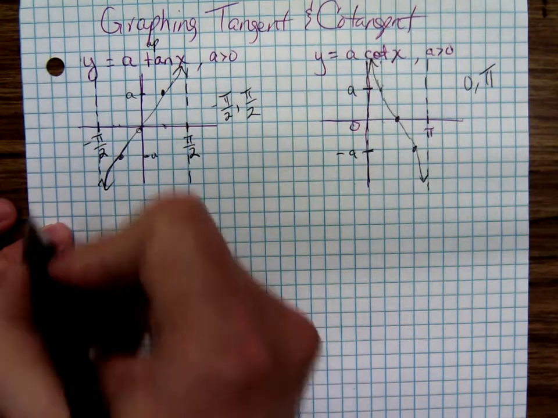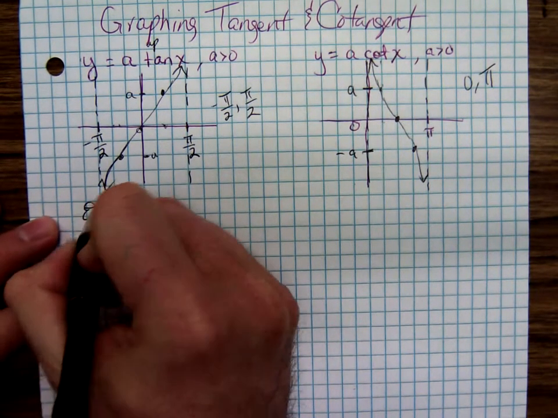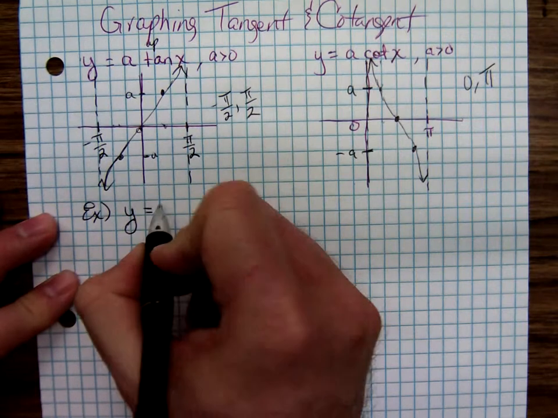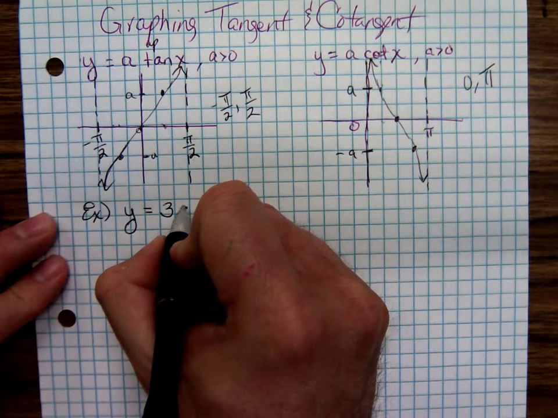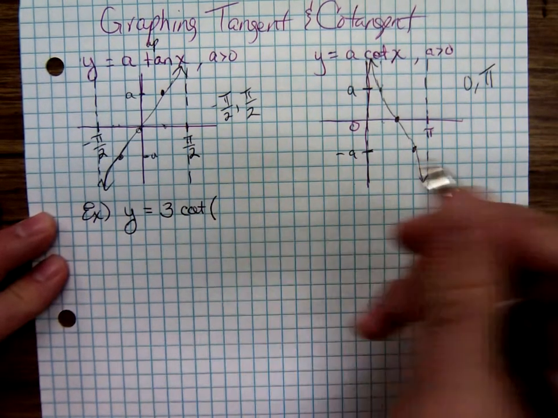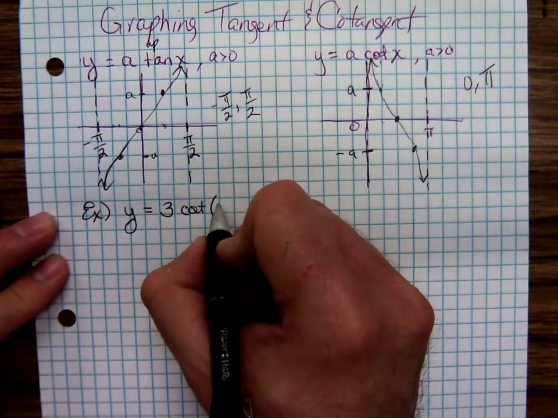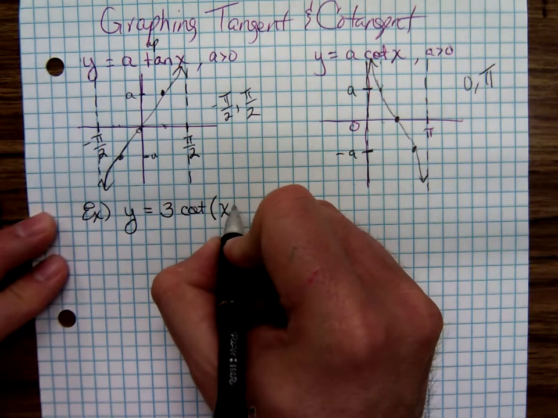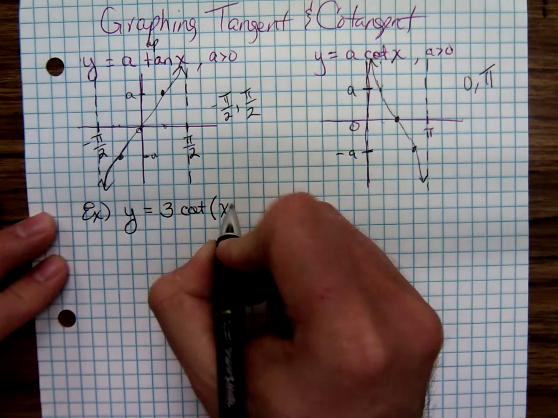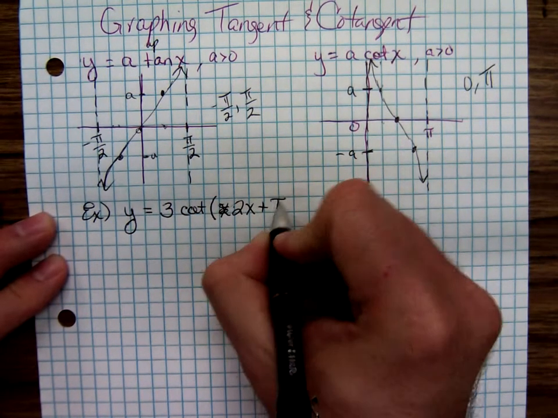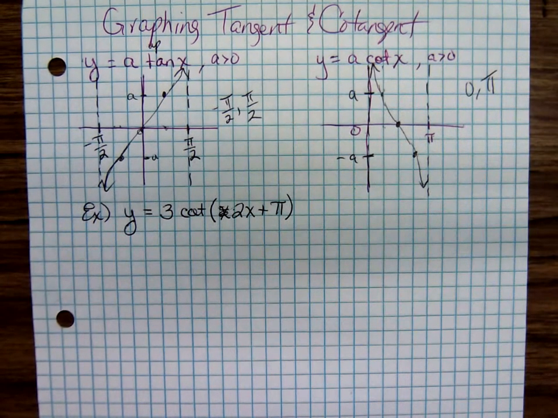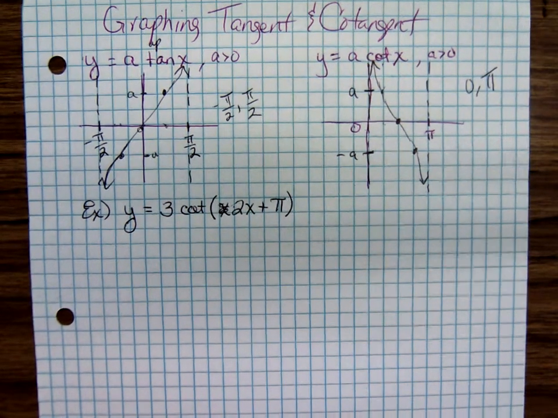We're going to go all the way through and graph, let's say, y equals 3 cotangent x, how about 2x plus pi. Y equals 3 cotangent 2x plus pi. That looks sort of nice.